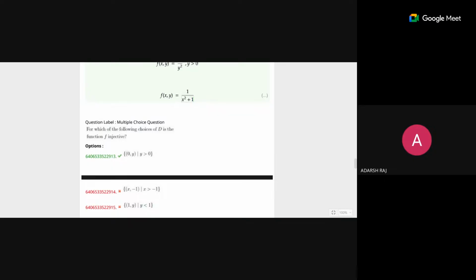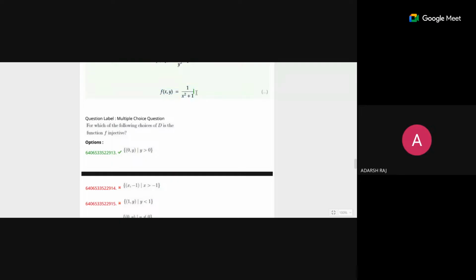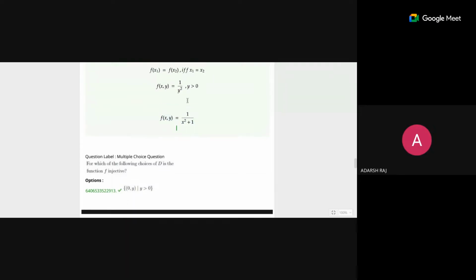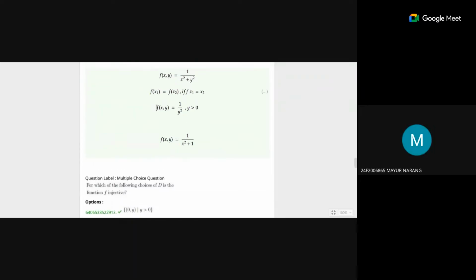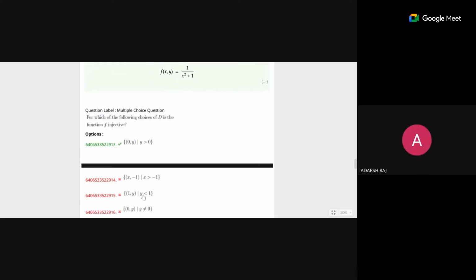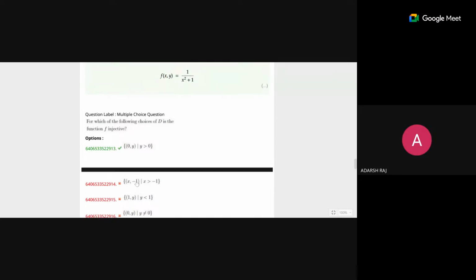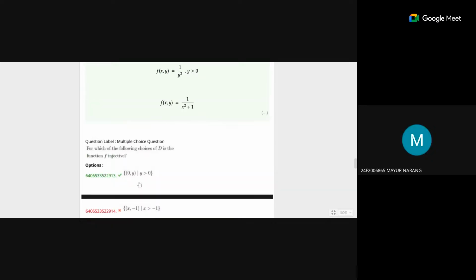So this is 1, right? Plus 1. Is this function injective or not? Sir, the value of y will be -1, no? So here the value of y is minus 1, right? So I just square minus 1. Okay, okay.